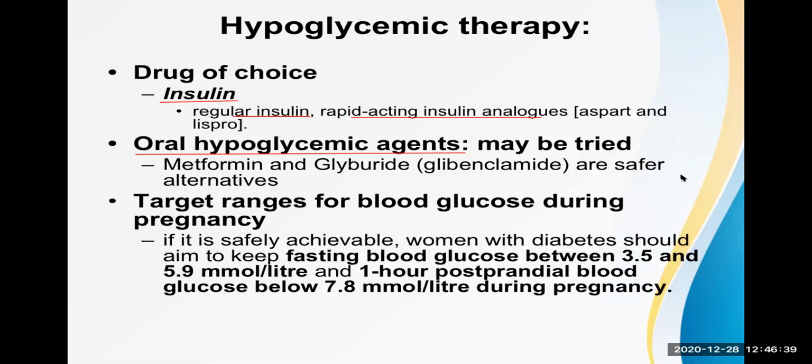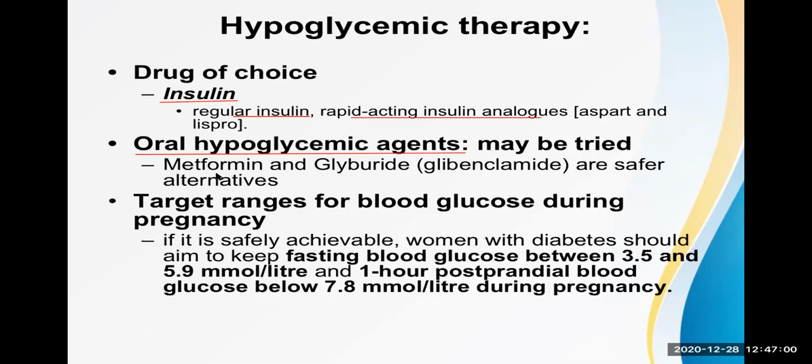You should inject it in the subcutaneous area. So this is a cumbersome procedure for so many people. They don't want to do this, and they simply ask the doctor, can you prescribe the oral drug for me? So we should know whether they are available or not.